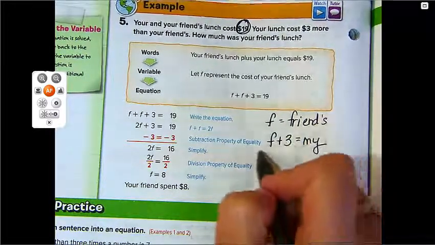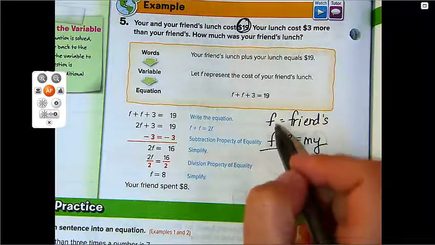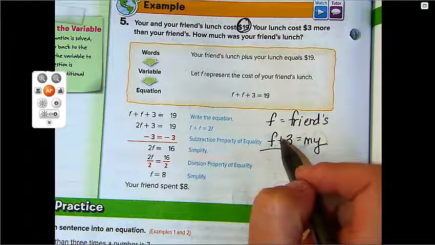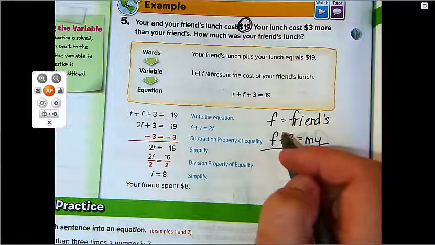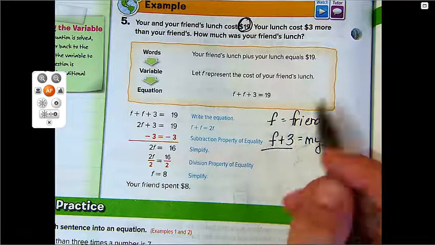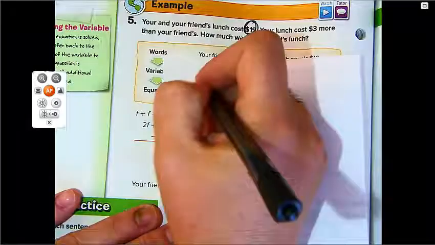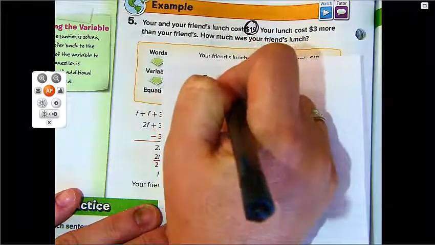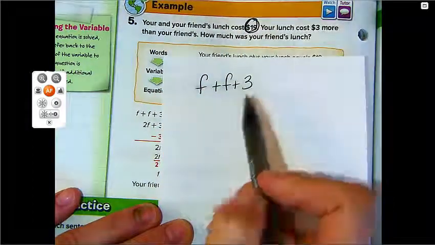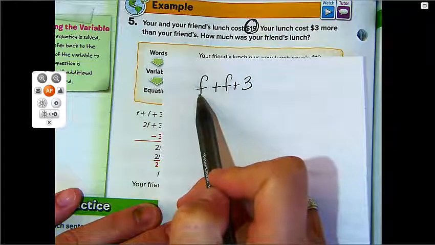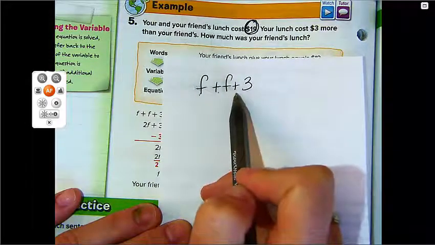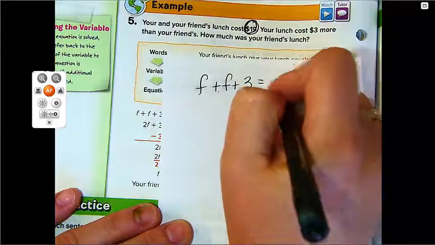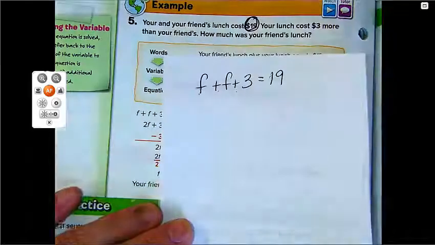So how would I find out what those are together? Hopefully in your mind you're saying that you add, and yes, you do add. So I'm going to add those together. So I have an F plus F plus 3, because this is my friend's lunch plus my lunch, and together that equals $19.